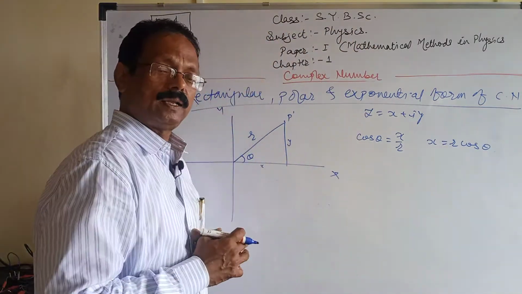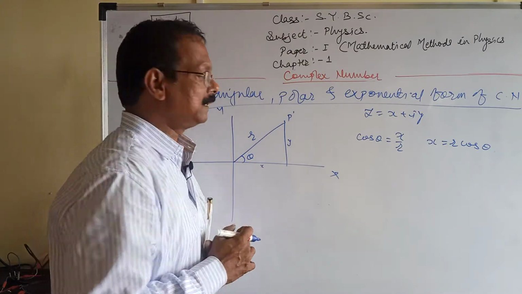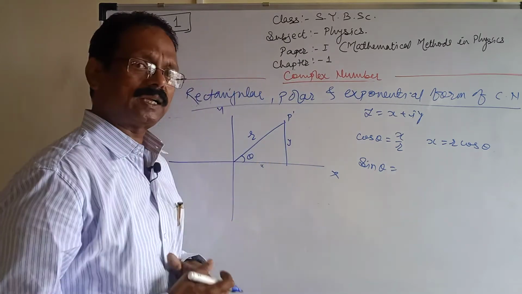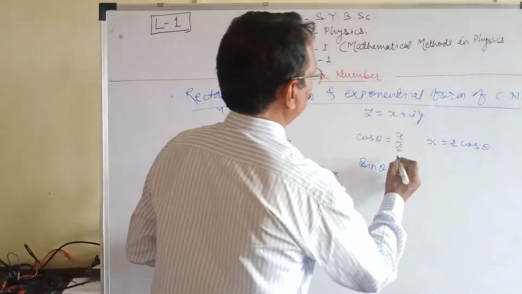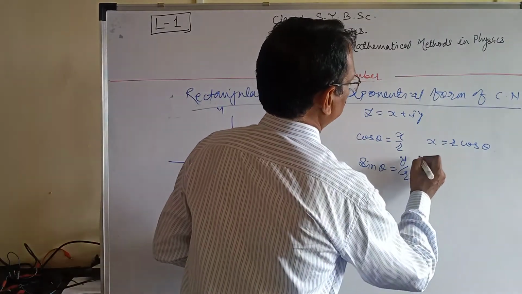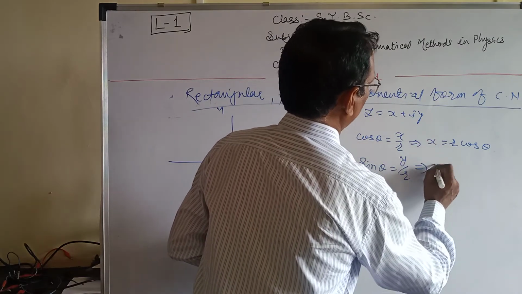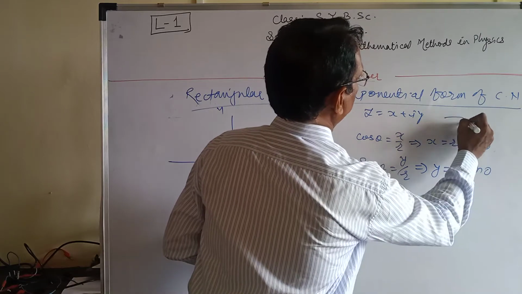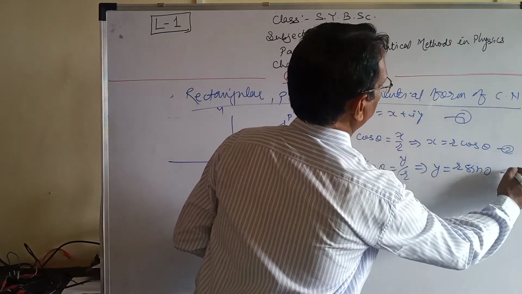Similarly, in the same triangle, we have to find out what is sin theta. So sin theta is equal to the front side divided by the diagonal. It is y upon r. Therefore we get y is equal to r into sin theta. Suppose these are equation number 1, equation number 2 and equation number 3.